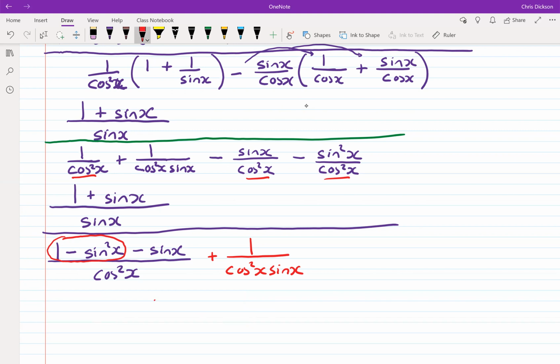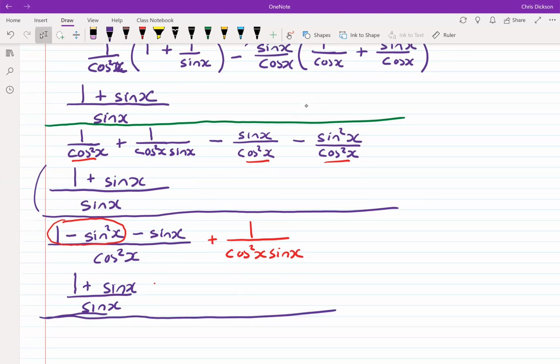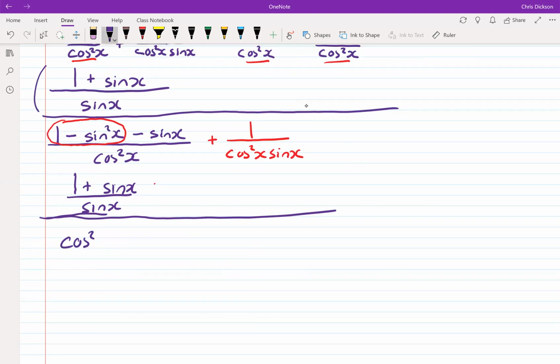Because on top I have my 1 plus sine x all over sine x. On the bottom, I would have cos squared x minus sine x all over cos squared x plus 1 over cos squared x sine x.